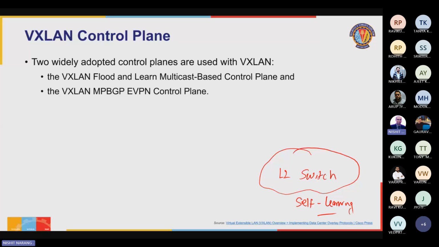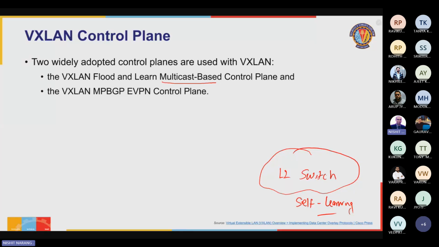VXLAN also provides you both choices, which you can decide to use primarily based on the size of your data center network. So one technique is a flood and learn method. It's called multicast based because the flooding is not a broadcast but a multicast approach. Why?